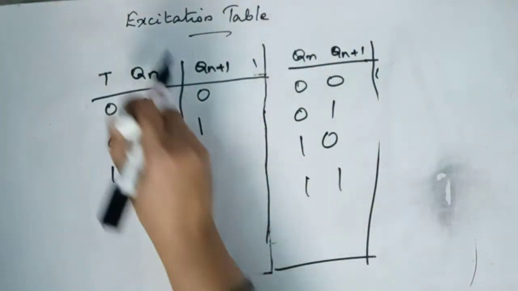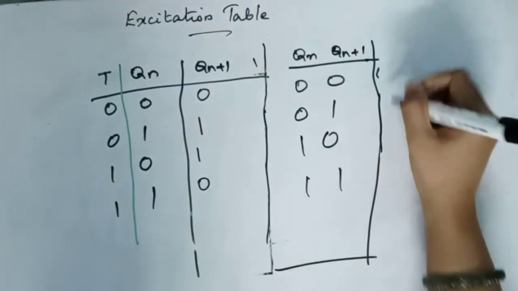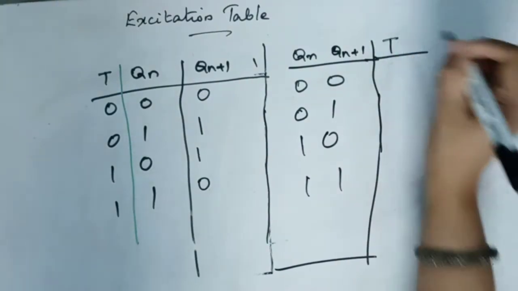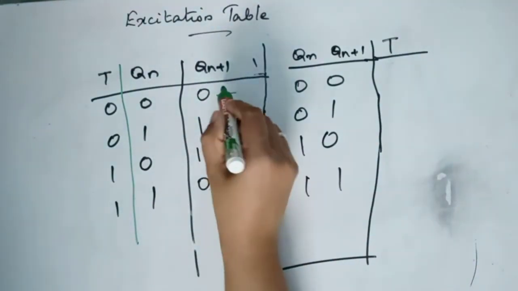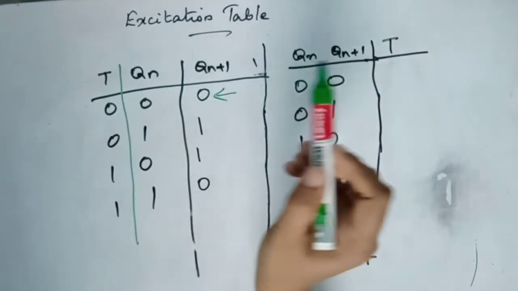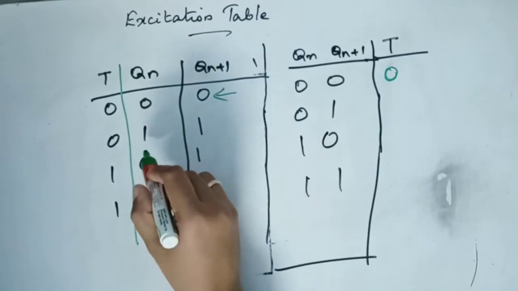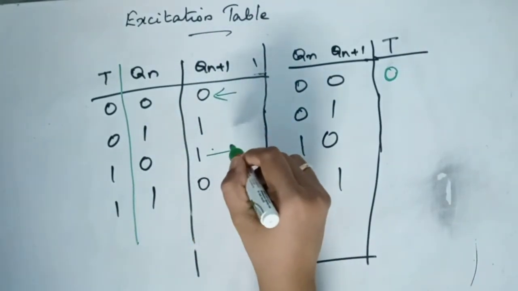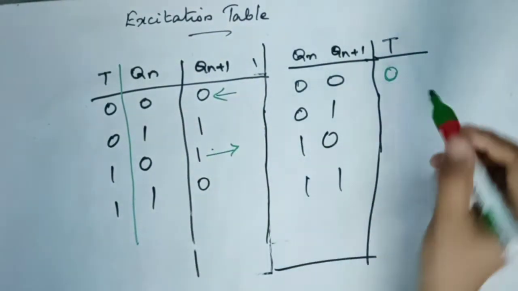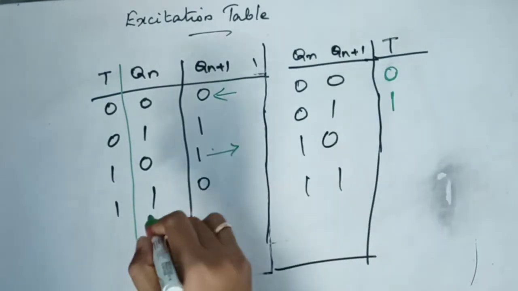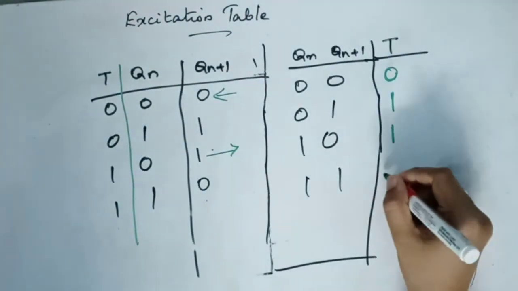If we take Qn and Qn plus 1 as 0 0, this is a single case, so T should be 0. 0 1, this case, T should be 1. 1 0, T should be 1. 1 1, T should be 0.